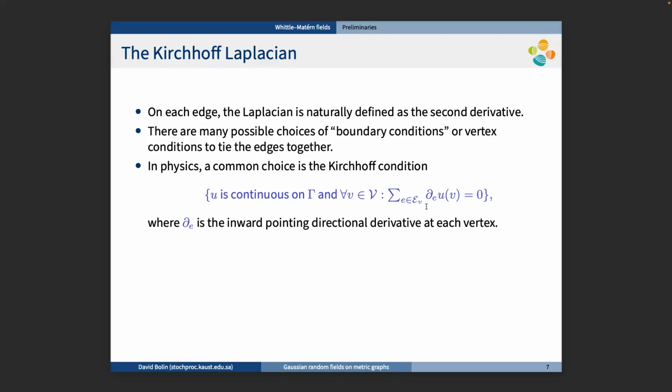And this is, in many cases, a very natural condition, and it's also a natural generalization of the Neumann boundary conditions if you're on R^d. So, if you have a vertex of degree 1, this condition simply reduces to the Neumann boundary conditions.